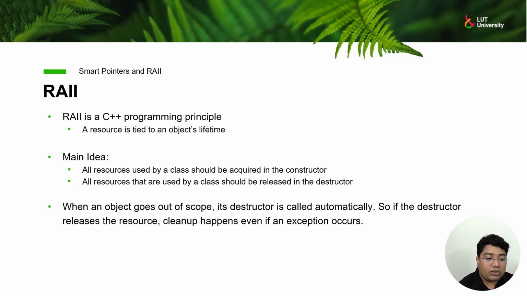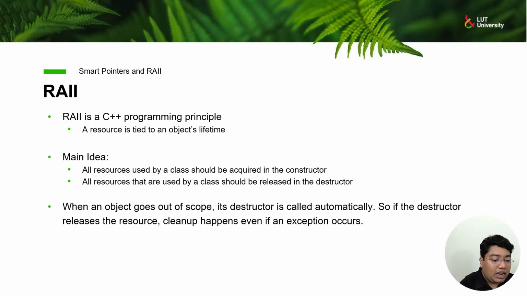Why is that useful? Because destructors are called automatically. When an object goes out of scope, C++ destroys it. It doesn't matter whether the scope ends normally or because an exception is being propagated. Either way, the destructor runs.